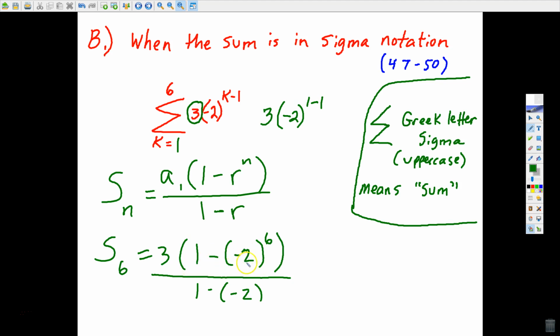You can go ahead and plug all this into your calculator, but definitely you don't want to plug this in as plus 2. If you're doing it one step at a time, you want to do negative 2 to the 6th power first, and then you're going to do 1 minus whatever that number is.